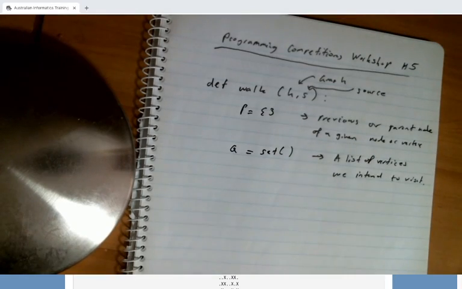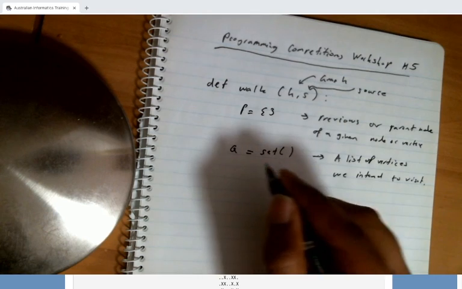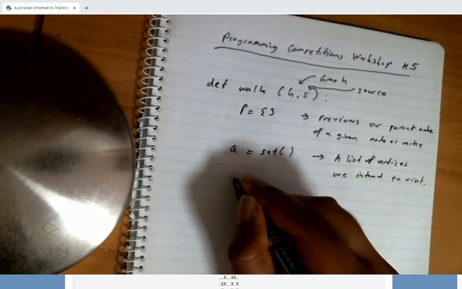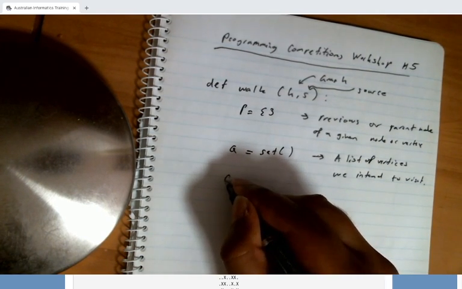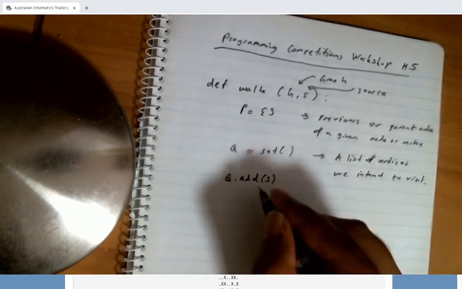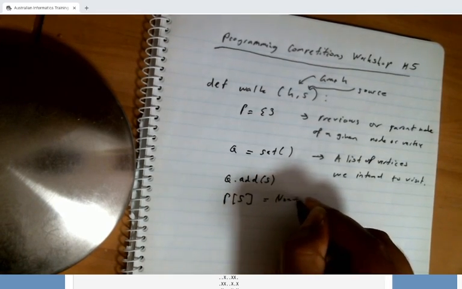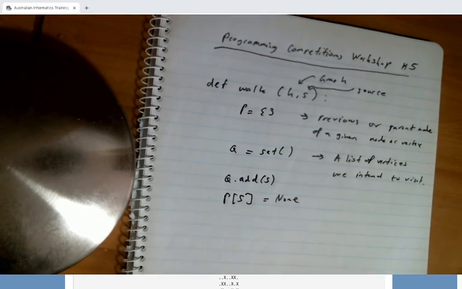And what we did was we first added S to the queue. So this is how we do traversal. So first we add S to the queue, q.add(S), and we set P[S] to be None because S is the source, so S did not come from any node.